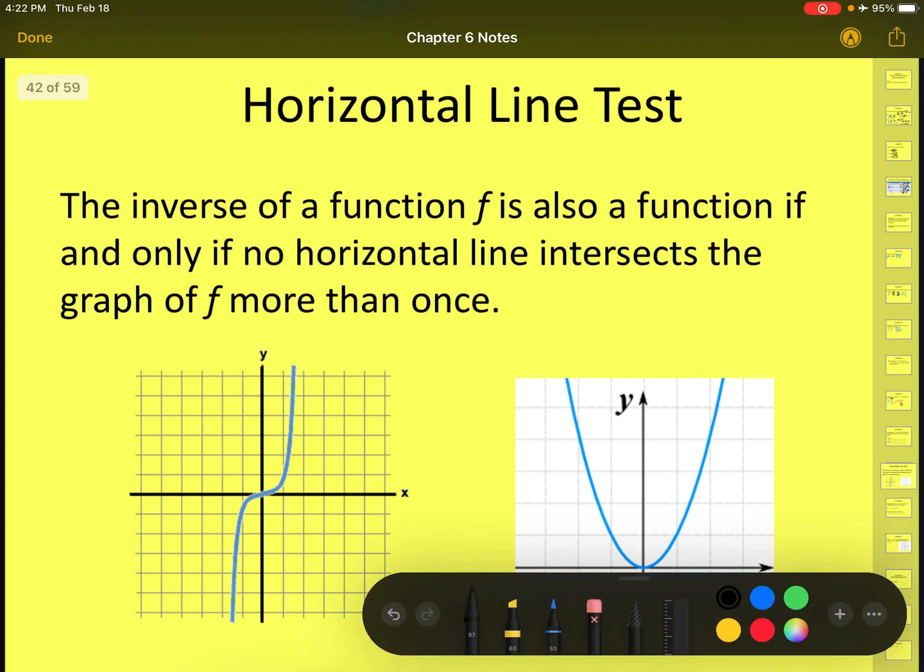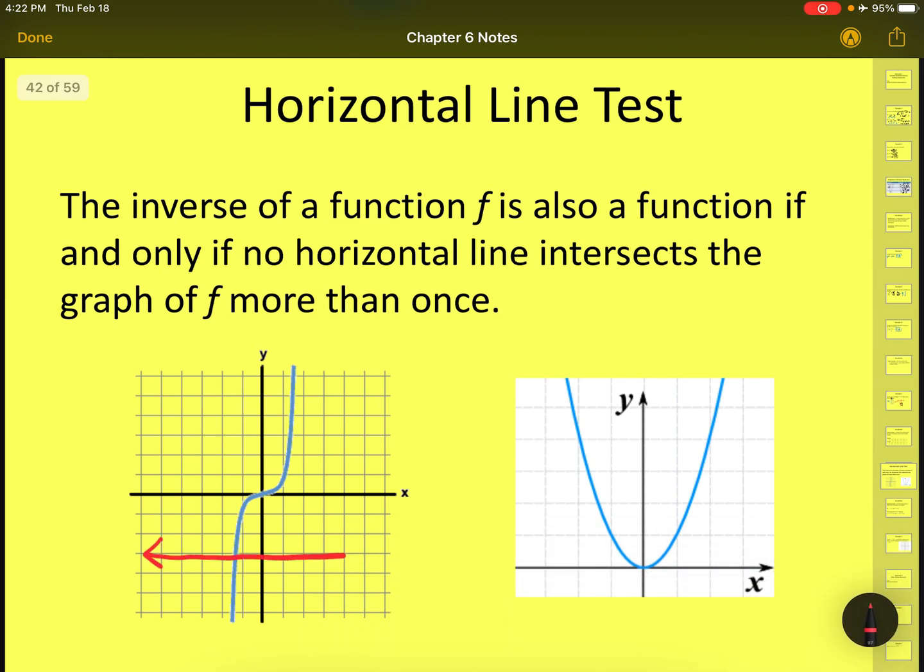So if we test these out here, these functions, well, if I run any horizontal line through this first one, it's only going to touch in one place on the graph. So this one has an inverse that is a function. So function f's inverse is a function.